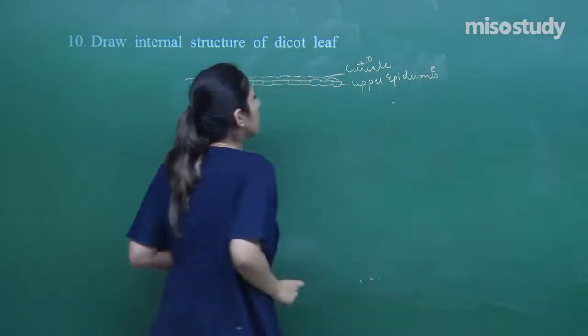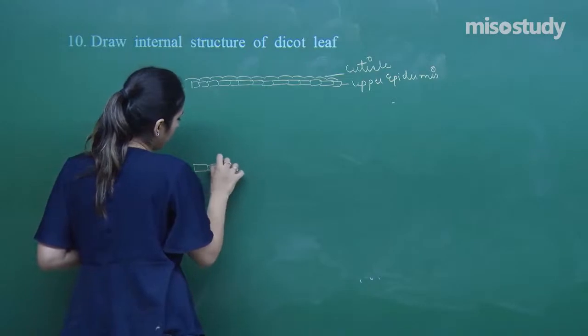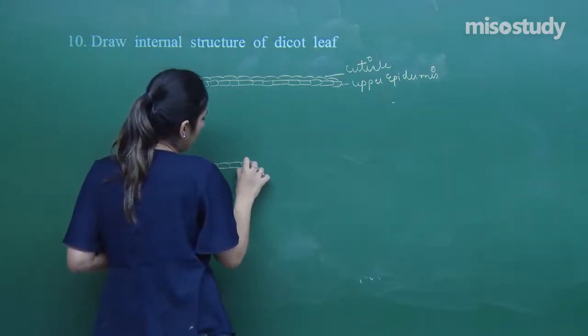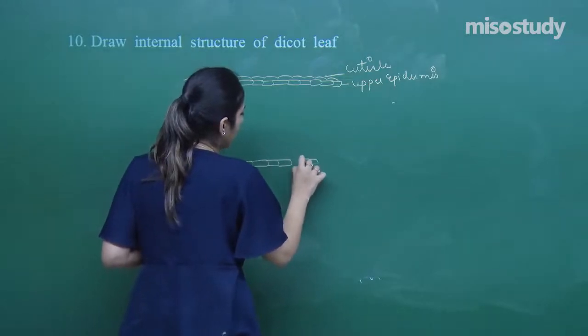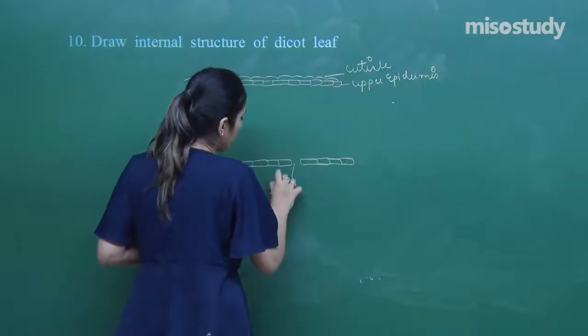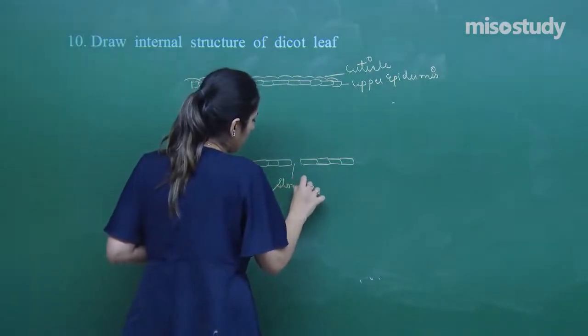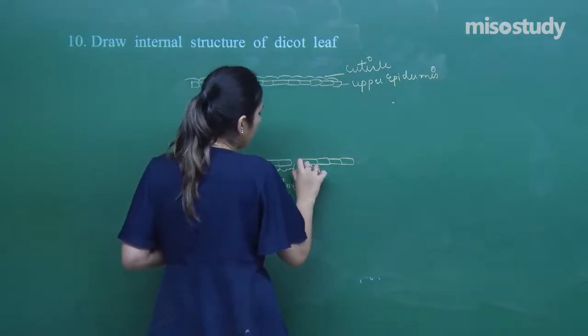Towards the lower side also, an epidermis layer is present, and you know stomata are present. This is called a stoma.